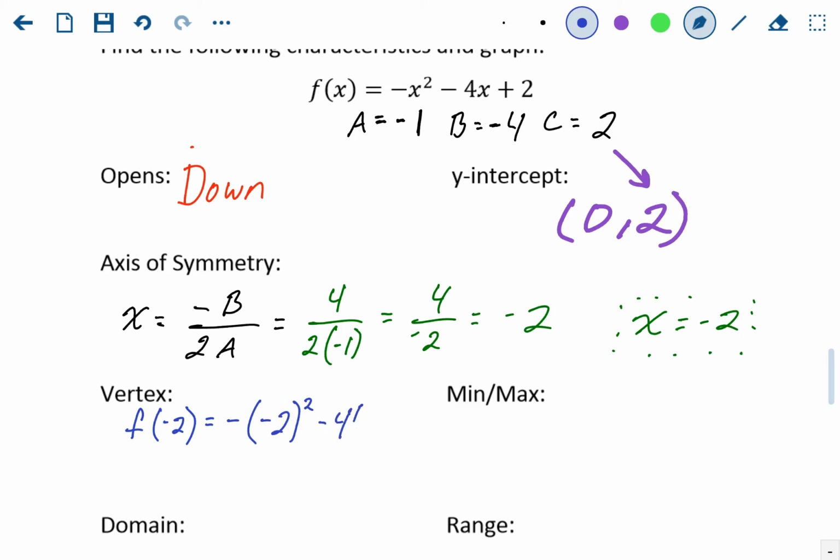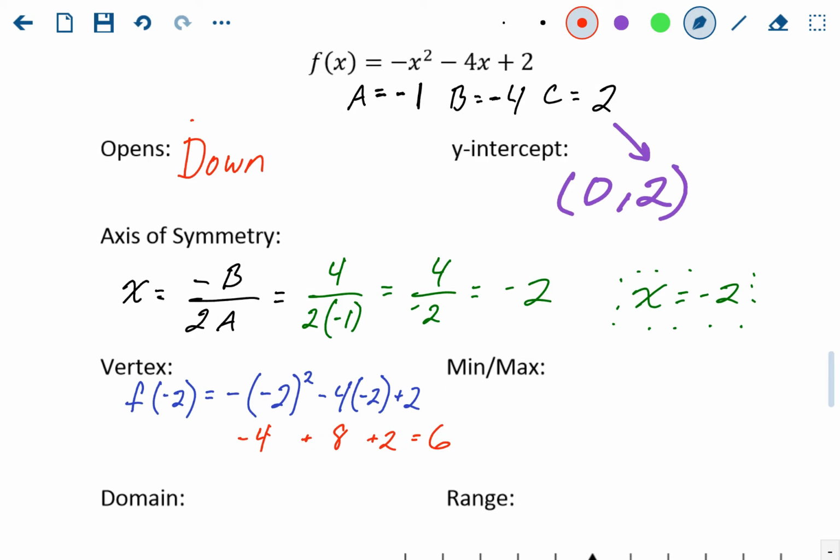Minus 4 times negative 2 plus 2. Negative 2 squared is positive 4, but then the negative's outside, so that's going to be negative 4. Negative 4 times negative 2 is plus 8. And then plus 2, so it's going to equal 6. So our vertex is at the point negative 2, 6.